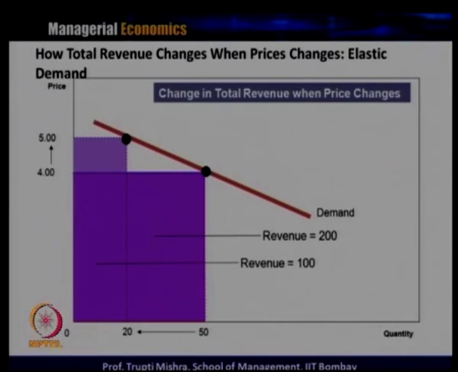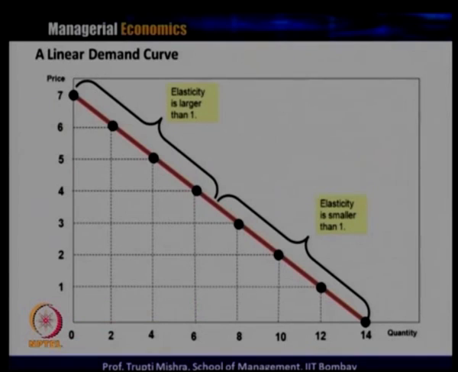So, the revenue becomes exactly half, because there is a small change in the price, but a greater change in the quantity demanded. So, there is a decrease in the total revenue when there is an increase in the price in case of elastic demand. This is the case of a linear demand curve.